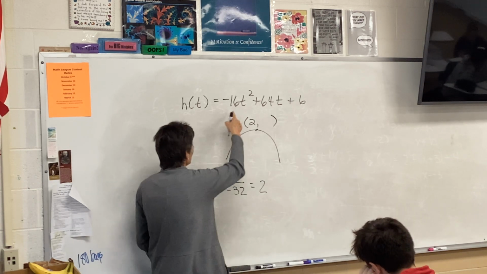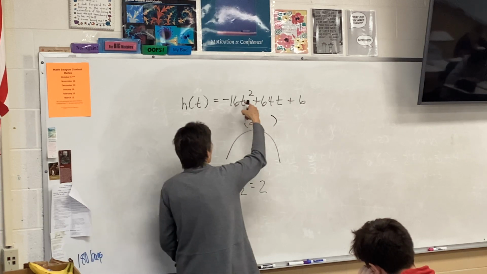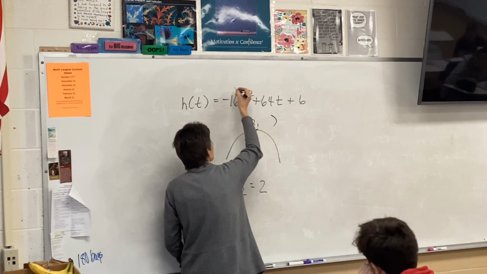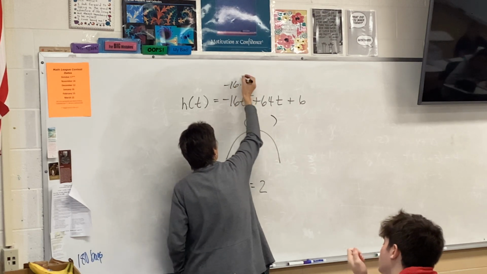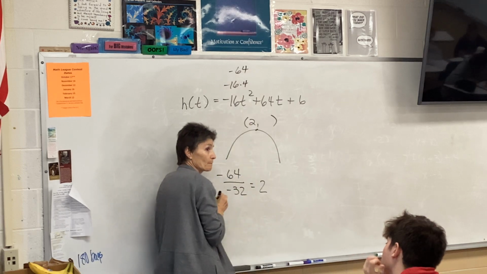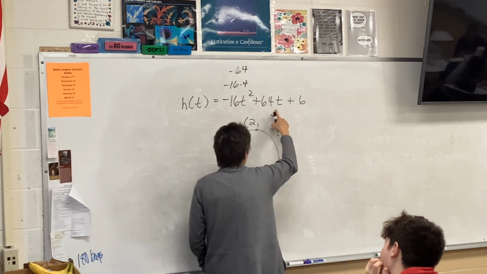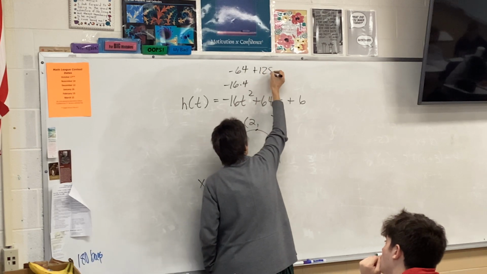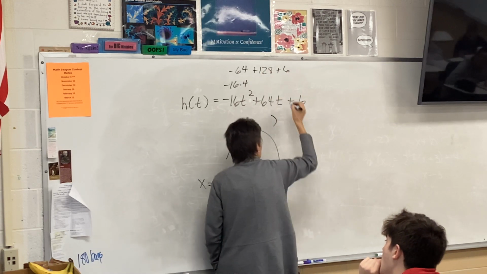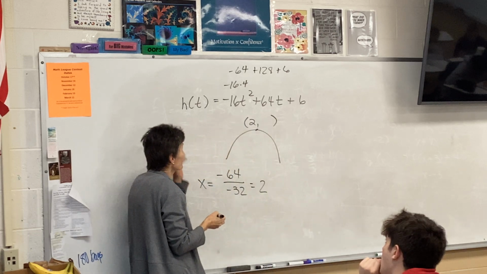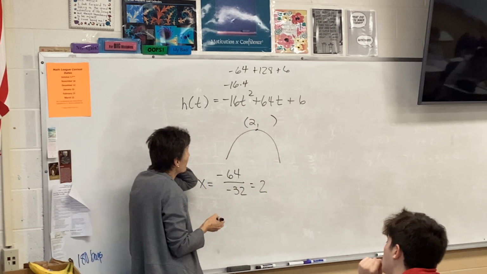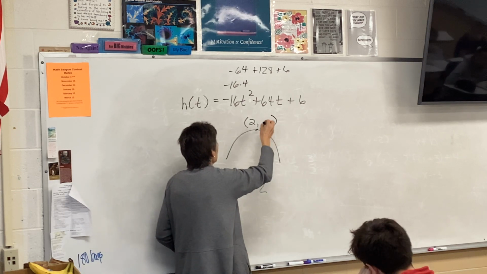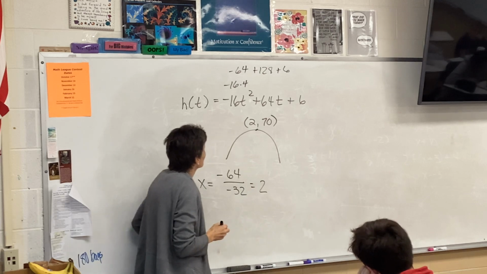Plug in 2 right here. So 2 squared is 4. So this is negative 16 times 4, which is negative 64. 64 times 2, I'm plugging 2 in, is 128 plus 6. And you'll have a calculator to help you with the arithmetic. And I gotta add all that up. Is that 70? I think that's 70.